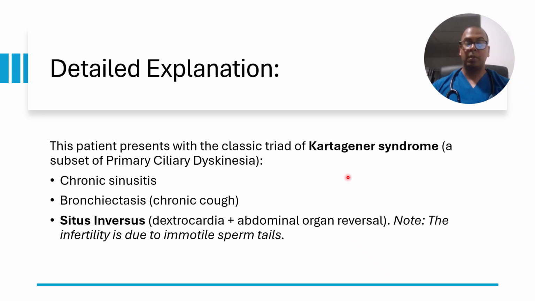In our vignette, you would note that the patient's gastric bubble was on the right instead of the left. Also note our patient was trying to conceive, and this patient was likely having a defect in the sperm. So the syndrome is also characterized by immobility of the sperm tails, resulting in infertility in males.